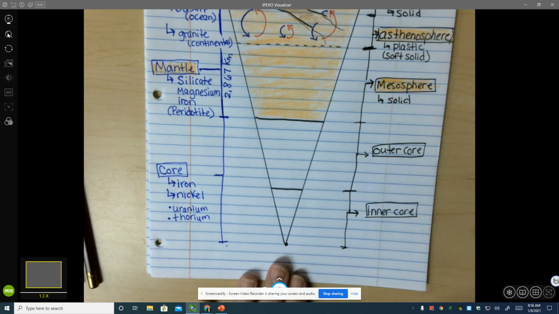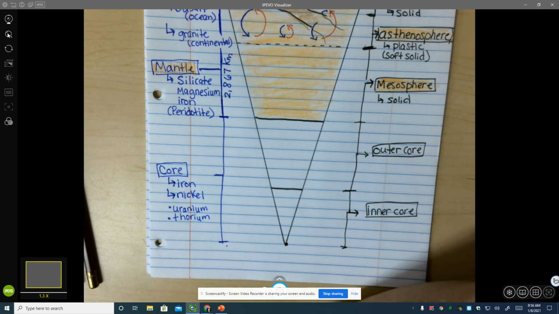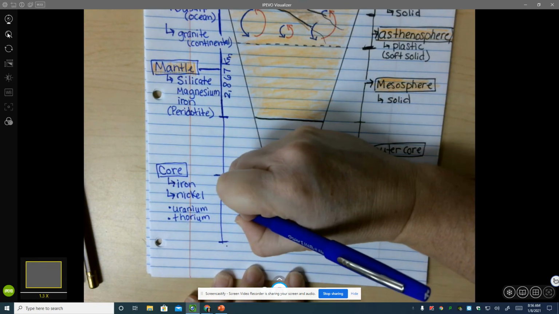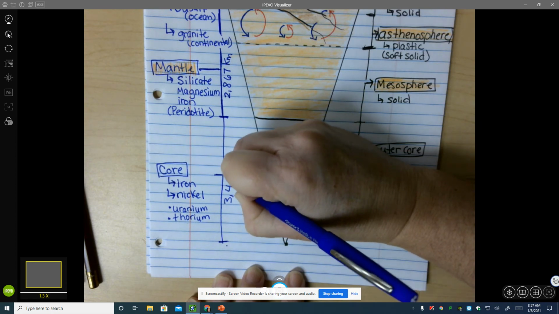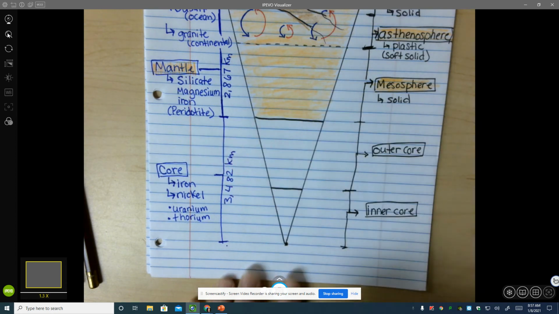In total, the outer and inner cores are about what distance in kilometers? Numbers from yesterday. It is about 3,400, and if you put it exact in the book, it's about 3,482 kilometers. Together.